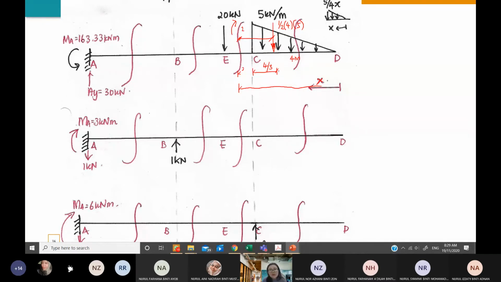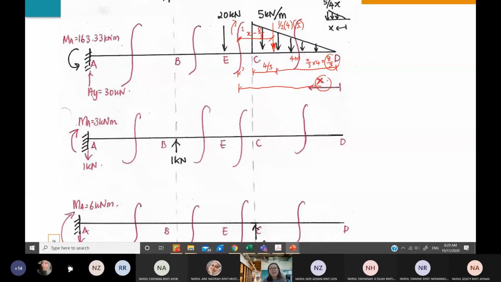It will be 2/3 of the 4, or 8/3. In order to get this distance, you just minus from X this value, so you get X minus 8/3 for the distance.